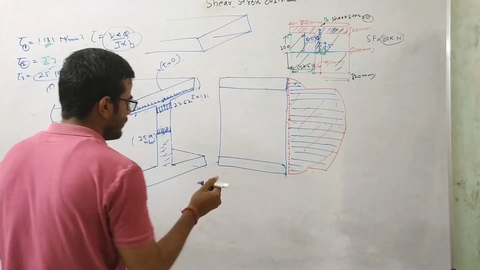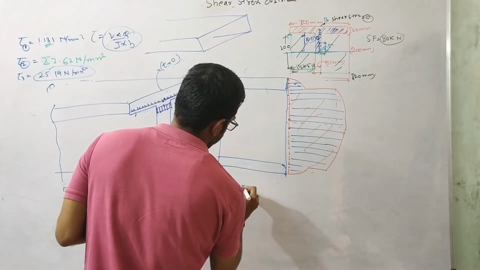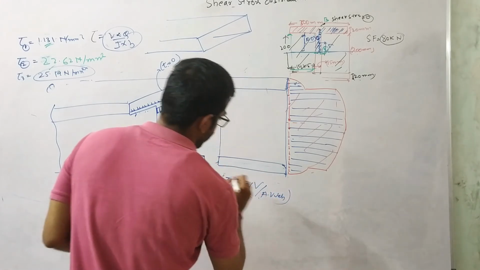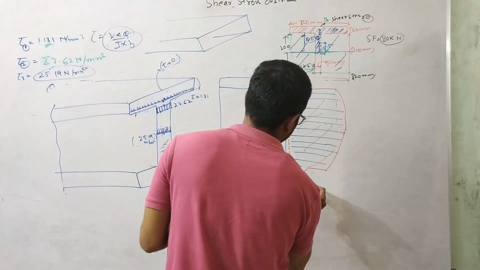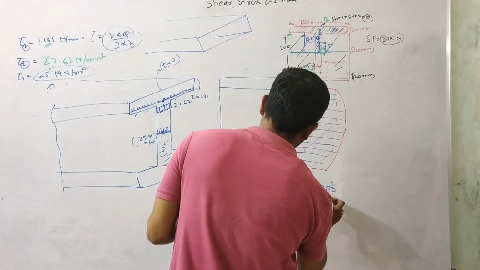Okay, so generally we have seen one formula: tau average equals V over area of web. Okay, so V is what? V, which we have calculated over here, is 880 into 1000, kilonewton. And divide by area of web.